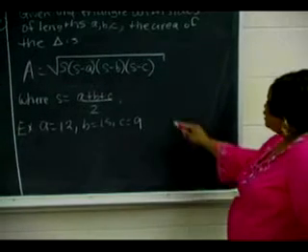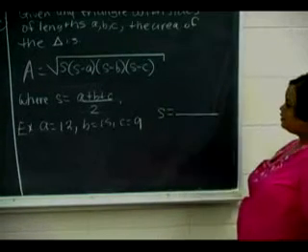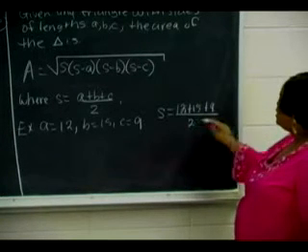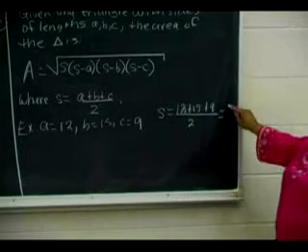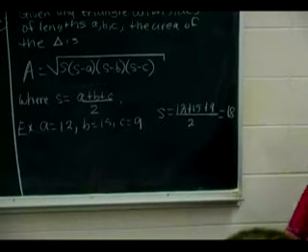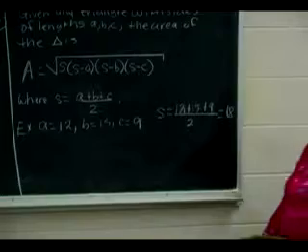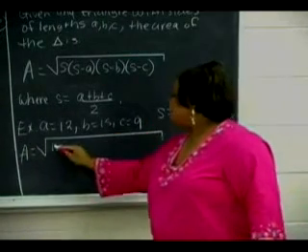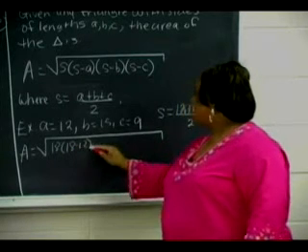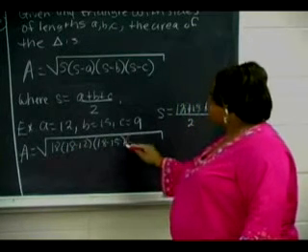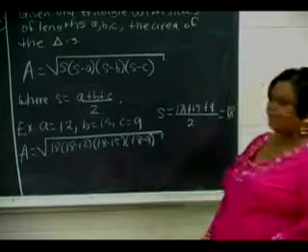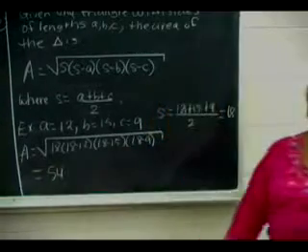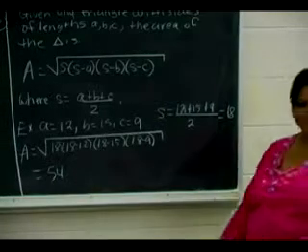The first thing you may want to do is find S. So we have 12 plus 15 plus 9 divided by 2, which is 18. Then to find the area, 18 times 18 minus 12 times 18 minus 15 times 18 minus 9, under the square root. And what do we get? 54.